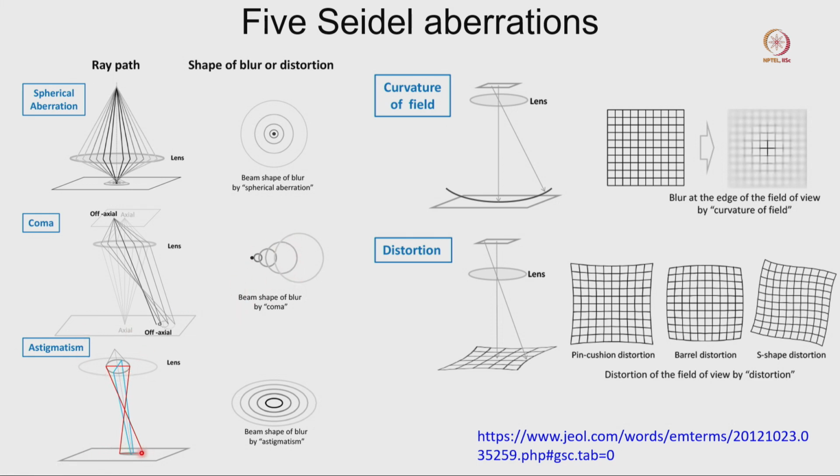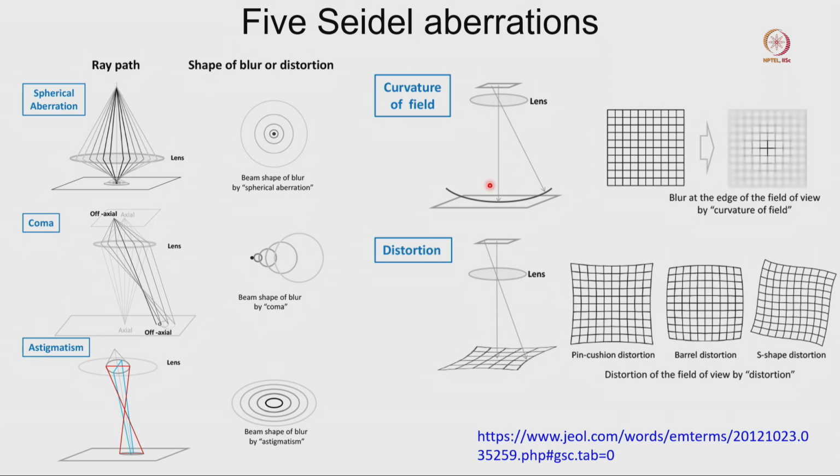Astigmatism is where your electromagnetic field is different in your lens system, and it is going to affect your image, and you can see an elliptical beam, you cannot see a circular beam anymore. Now curvature of the field is something connected with your lens system and the alignment also.